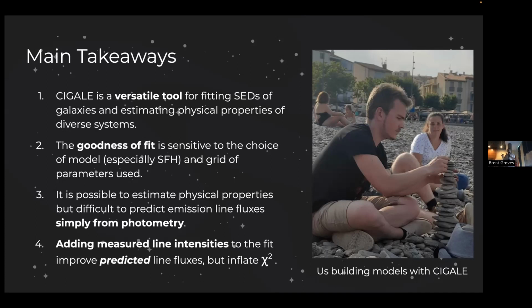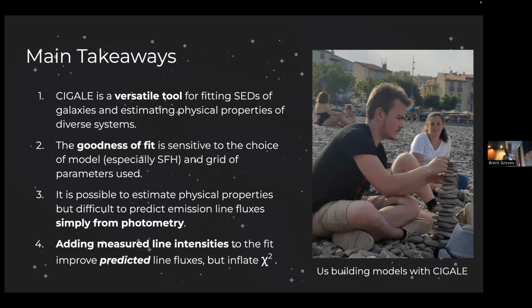First, it's possible to estimate physical properties using only photometry, but then it's difficult to predict emission line fluxes. So you can try to solve that by adding measured line intensities to the fit. But then the chi-square is inflated. So you have to be conscious of that.